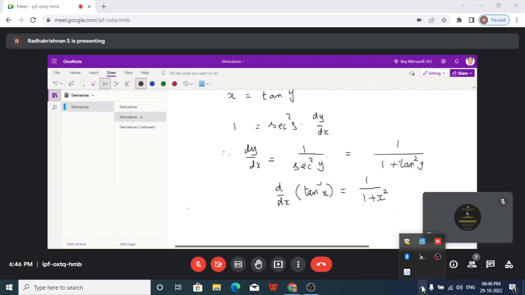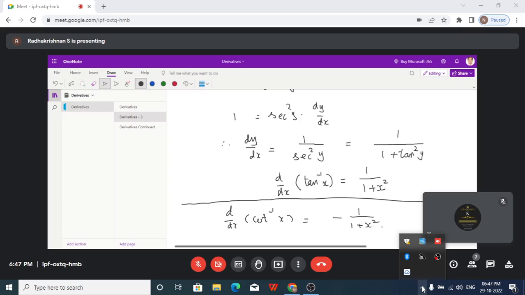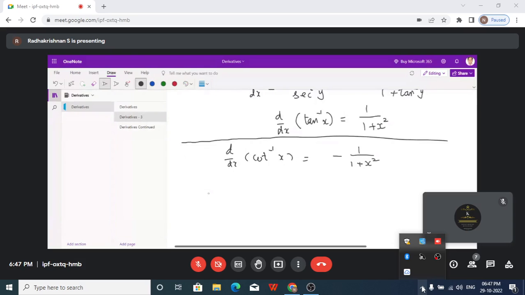Okay. So we saw that tan and cot are complementary. So d by dx of cot inverse x will be equal to minus 1 by 1 plus x square. Okay.